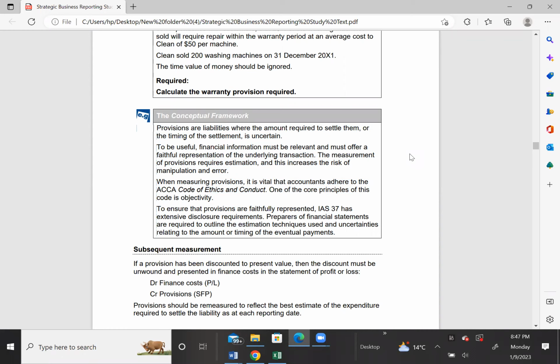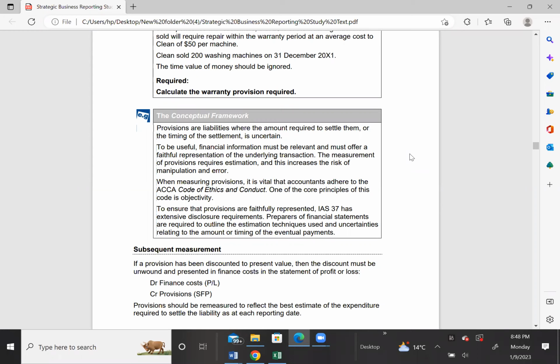To be useful, financial information must be relevant and must offer faithful representation of the underlying transaction. The measurement of the provision requires estimation, and this increases the risk of manipulation and error. The measurement and recognition of a provision is a matter of judgment, a subjective matter.